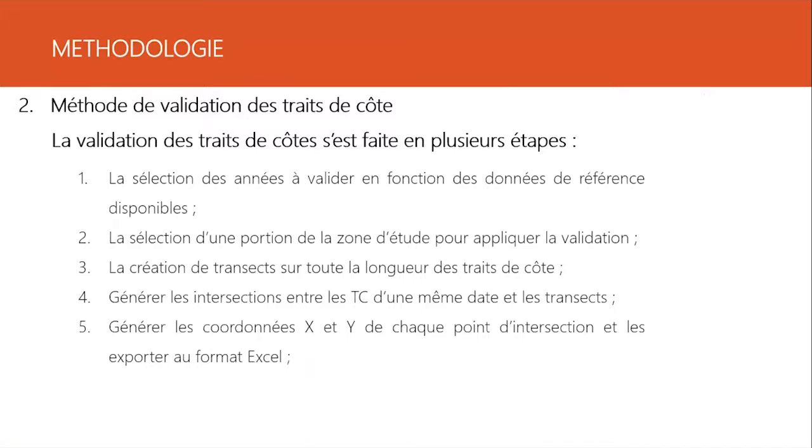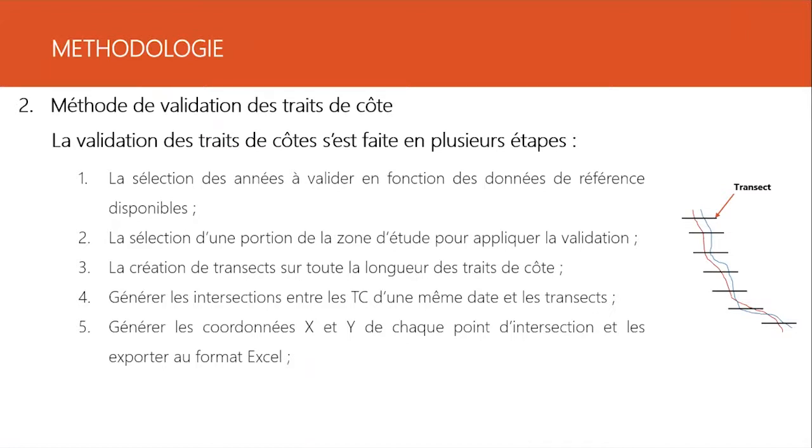So we should create some transects and try to generate some perpendicular points, one from the generated coastline, the other from the validation data set.